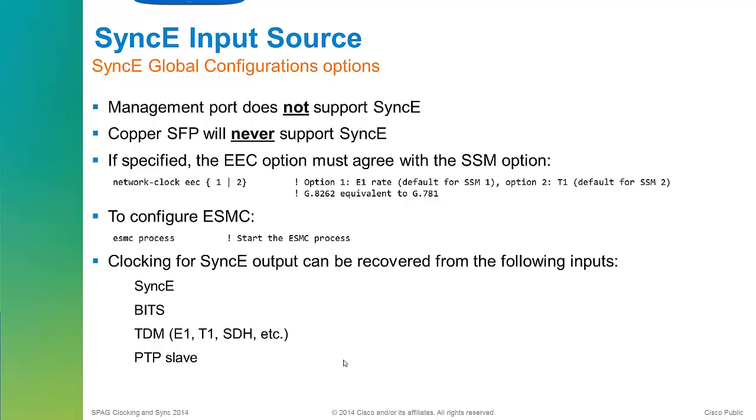A couple of things to start with. Again, there are some global configuration options, and some things that will never work and some that will. The first thing is, on these platforms, the management port does not support SyncE, and that's true of a lot of platforms: there's a separate Ethernet management port, and it will not support synchronous Ethernet. We get asked this a lot: copper SFP will never support SyncE.